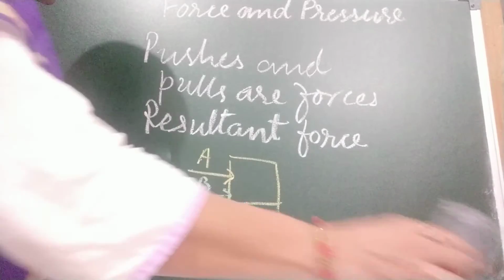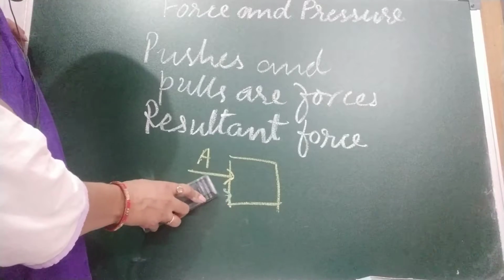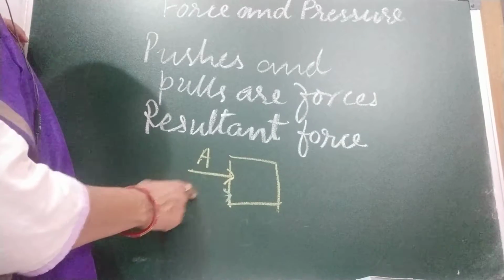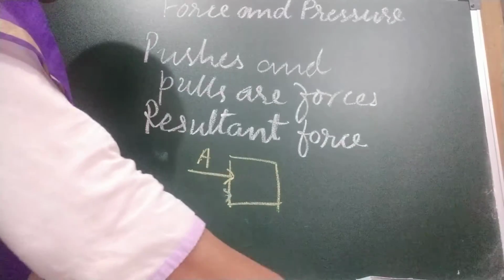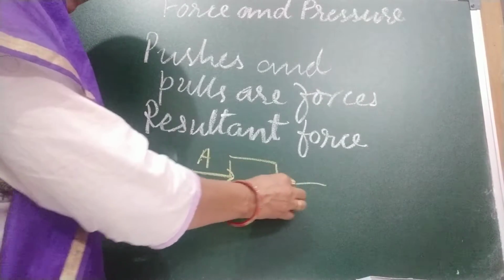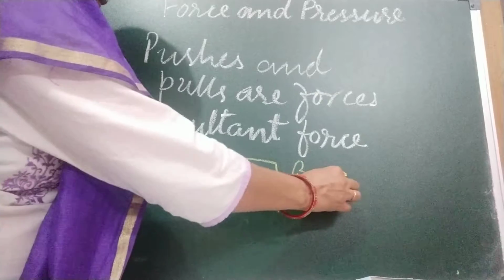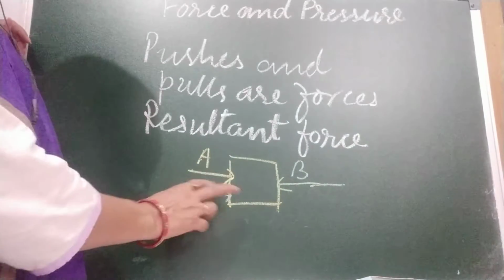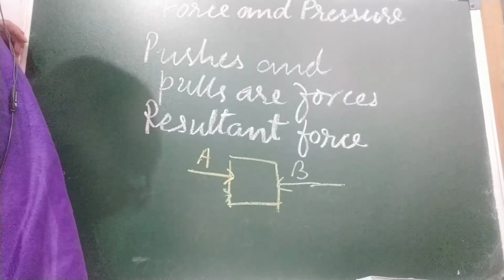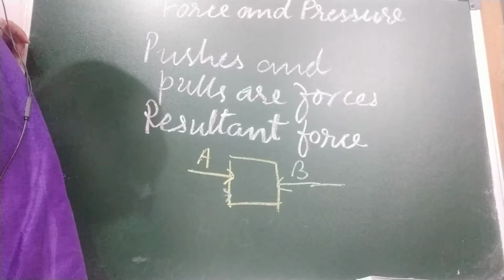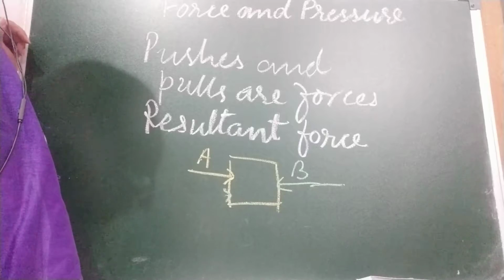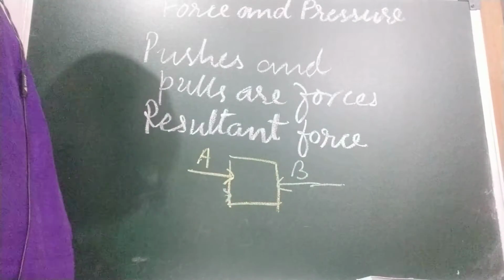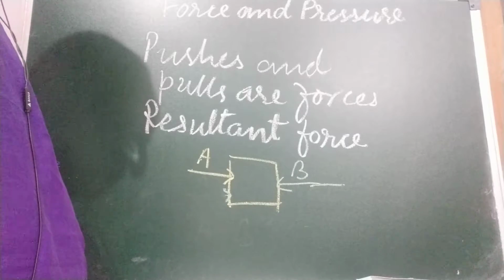Now, in the other case, when force is applied on an object in opposite direction, like A is applying from this side and B is applying from this direction. Okay? These two forces are going to oppose each other. The net force on the object is the difference between the two forces.